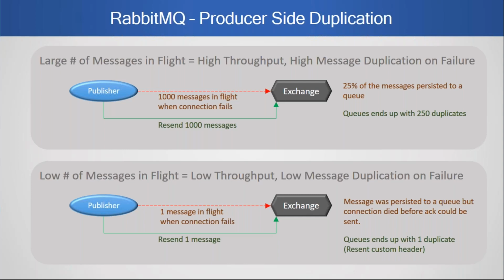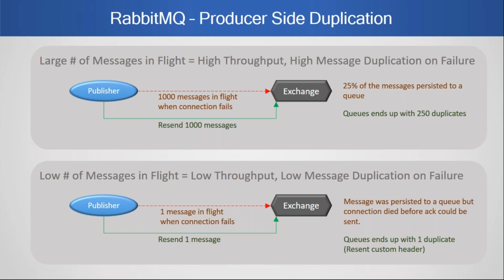So we could try and reduce the number of duplicates by lowering the number of messages in flight. So we can do that with the prefetch. So in the first example, we have a prefetch of, say, 1,000, and in this one, we have a prefetch of 1. Sorry, I'm talking about publishers here, not consumers. We'll talk about prefetch later. This is where the actual publisher can decide when to pause for acknowledgements.